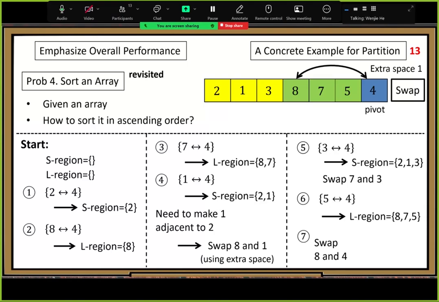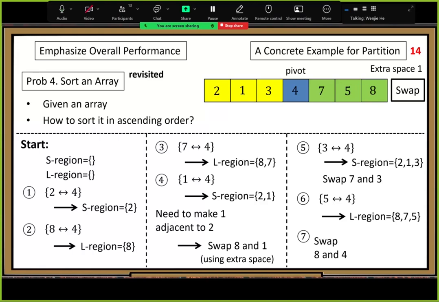After this swap, we put the pivot element in place, and it separates the 2 regions, the S region and the L region. And we get the A subarray satisfying the first inequality, A of I less than or equal to P, and the B subarray satisfying the second inequality, P less than B of J. See, we complete it.